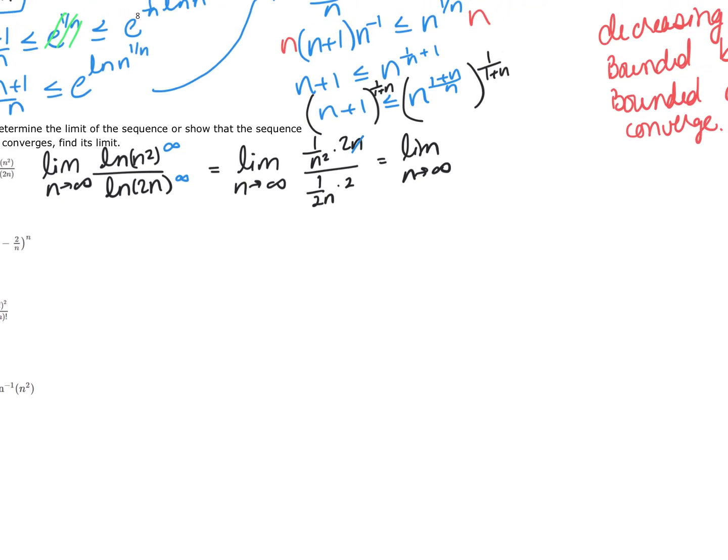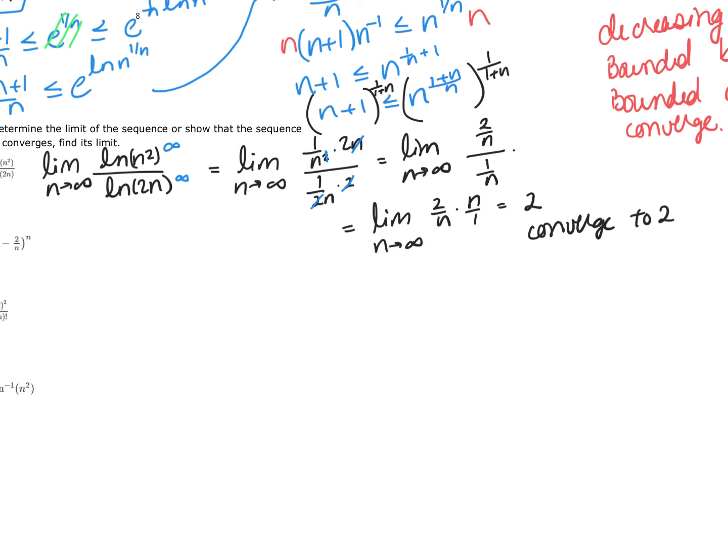This n will cancel with one of these n's, and this 2 will cancel with this 2. So I have 2 over n over 1 over n, which becomes the limit as n approaches infinity of 2 over n multiplied by n over 1, which gives me 2. So I have an actual number, which tells me we converge, and we converge to the number 2.